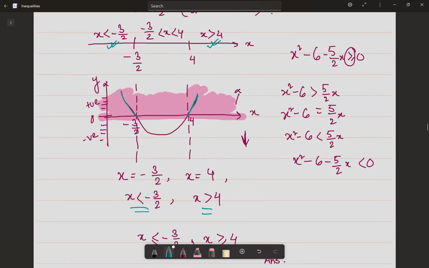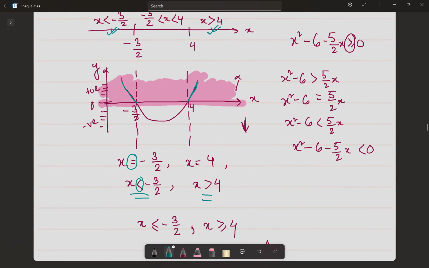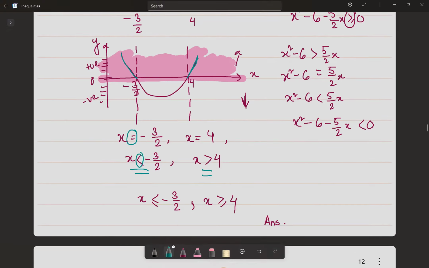Now if we want to combine these 2 answers, we will get x is less than minus 3 by 2, and for the other one, we have x is greater than 4, and we have x is equals to 4. So we combine these 2 to get x is greater than equals to 4.